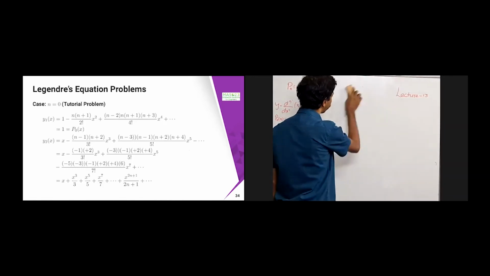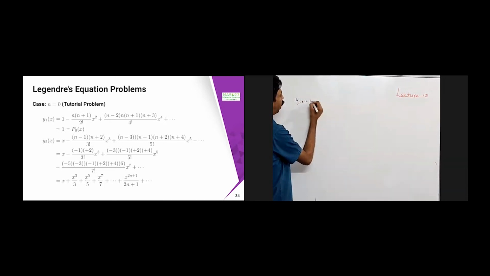So what I have is this Pn of x we have defined. Now suppose the n equal to 0 case. We are going to solve the Legendre equation for n equal to 0 and n equal to 1.